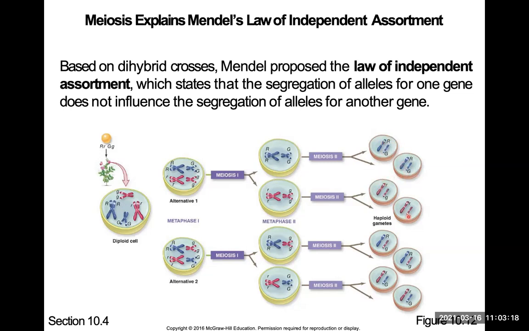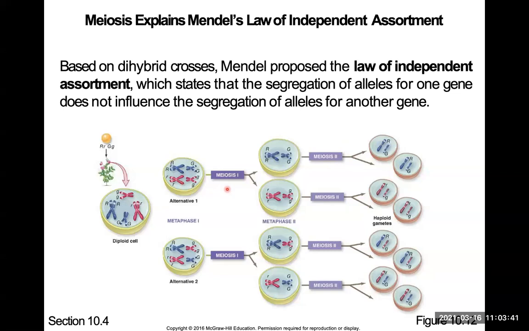Let's say these are the sperms, and there's a 1 in 8 million chance, we did the calculation for that, that this sperm is going to have big R, big G. Same thing for this one, 1 in 8 million chance, it's going to have little r, little g. So this is the law of independent assortment.